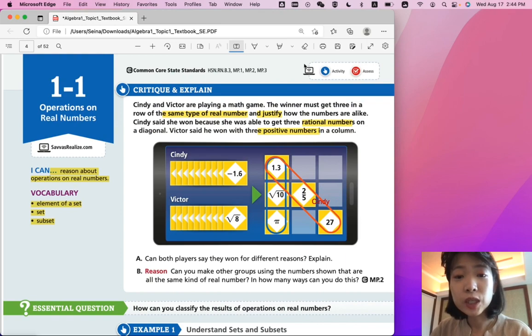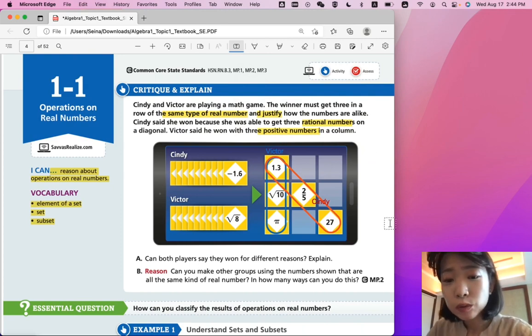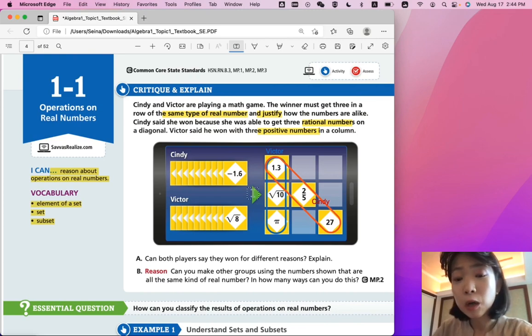And Victor is arguing that he won because he got 3 positive numbers in a column. Okay, so what do you notice about the numbers shown on the game cards? Is Cindy right or is Victor right?